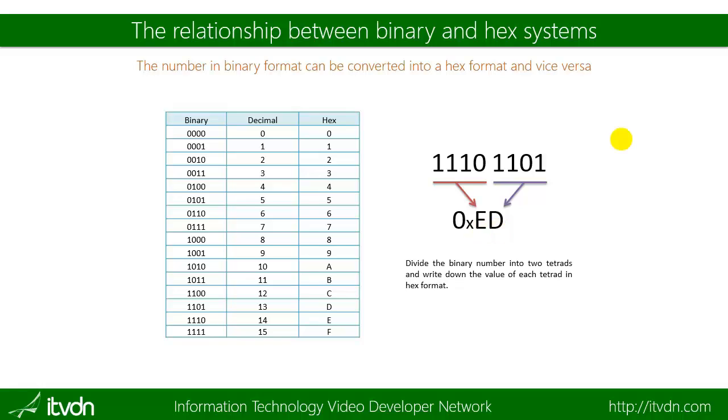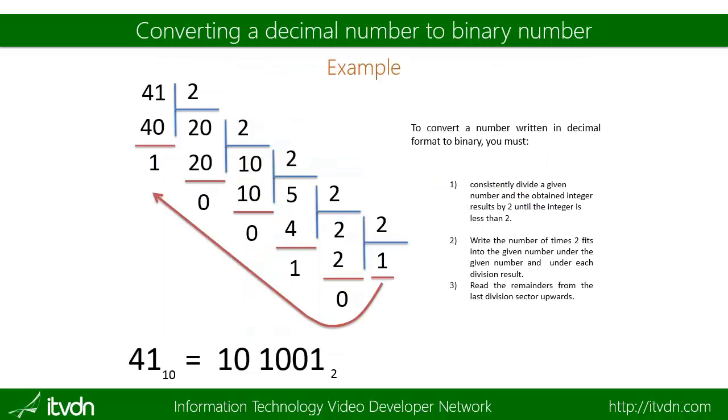So let's look at a way we can manually convert. If you don't have a table, there is another way you can do it. You can mathematically convert from a decimal to a binary, for example. Okay? How do we do this? Conversion from a decimal number into a binary number is very easy.